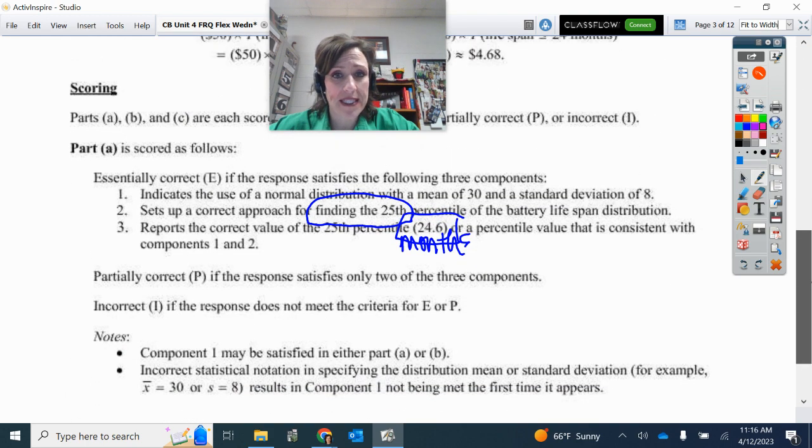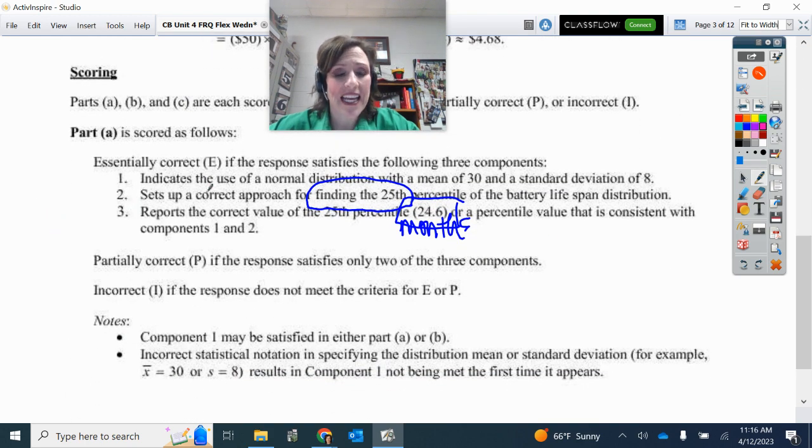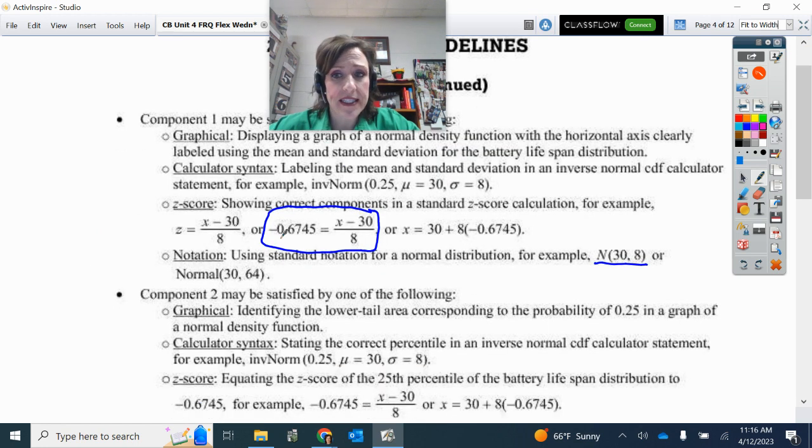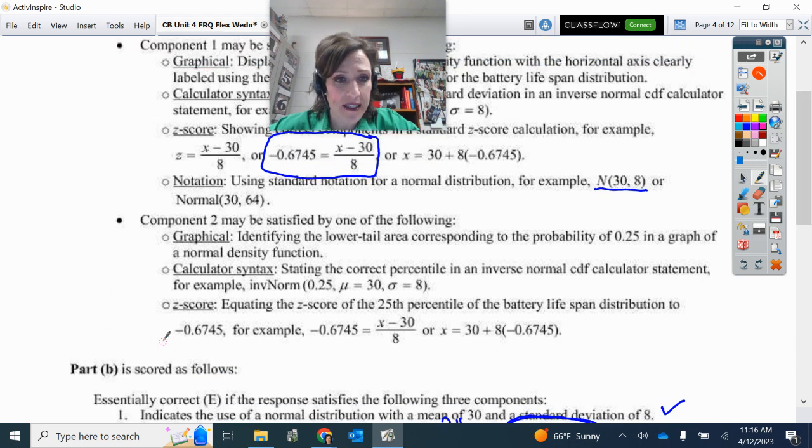Okay, the second piece that needed to be done is setting up that 25th percentile. We needed to see somehow that you had this negative 0.67 as the z-score indicated. So if you had that negative 0.6745, that qualified as the correct percentile. You see this z-score formula set up gave you a whole lot of credit.